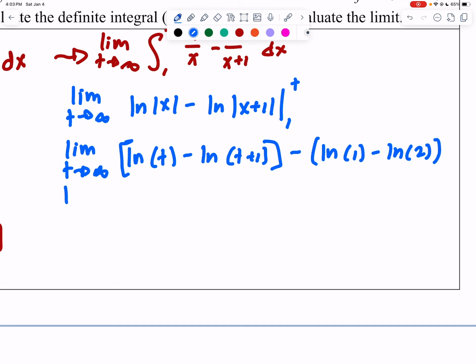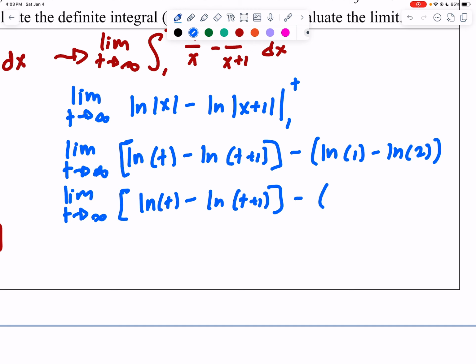So I have the limit as t approaches infinity of this lovely thing right here. And honestly, I could say plus ln of 2.